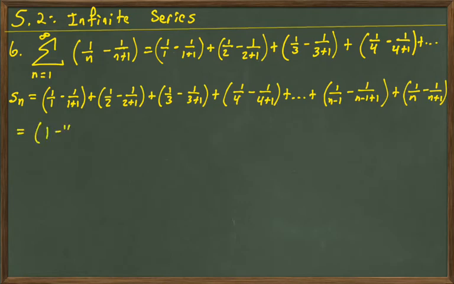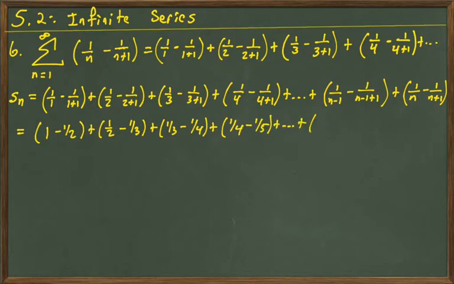So this is going to be 1 minus 1 half plus 1 half minus 1 third plus 1 third minus 1 fourth plus 1 fourth minus 1 fifth plus dot dot dot plus 1 over n minus 1 minus 1 over n plus 1 over n minus 1 over n plus 1. And then we're going to start our telescoping effect.